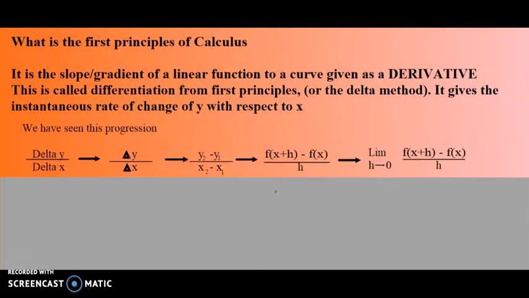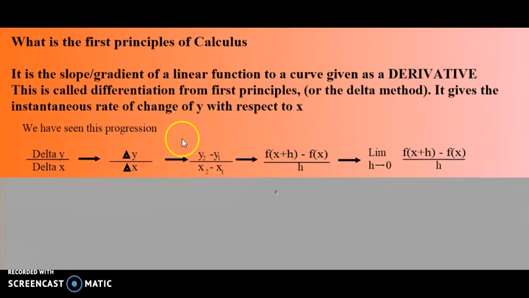I'm quite sure most of us know the progression of the gradient, where we said it is delta y over delta x. Then we wrote it as the change in y over the change in x, still delta y over delta x, where we had the little triangle in front.